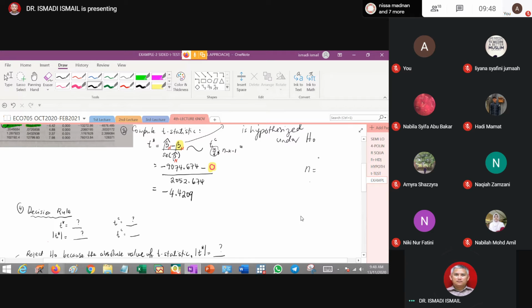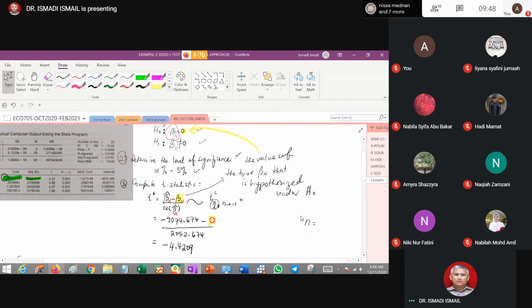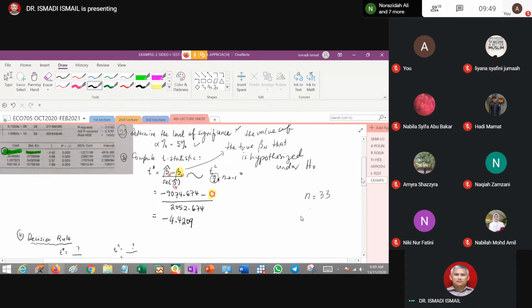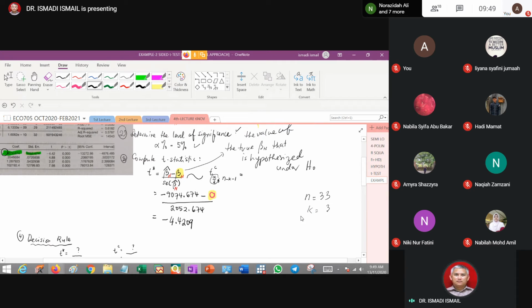Your n is 33, the number of observations. The number of independent variables, you have 3 independent variables: variable n, variable t, variable I. So k is 3. Therefore, degree of freedom n minus k minus 1, 33 minus 3 minus 1 is 29.